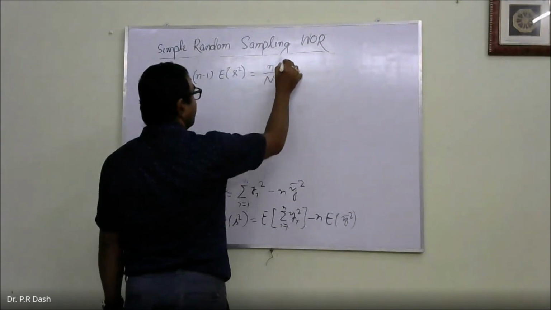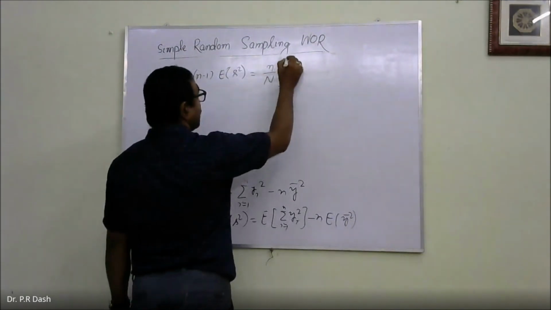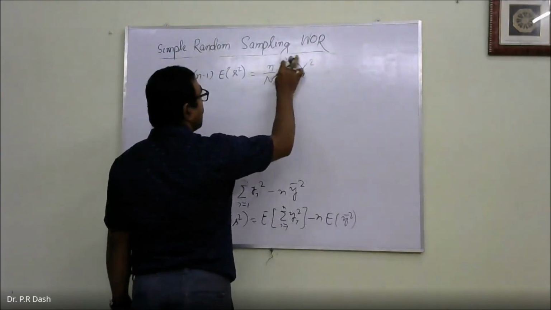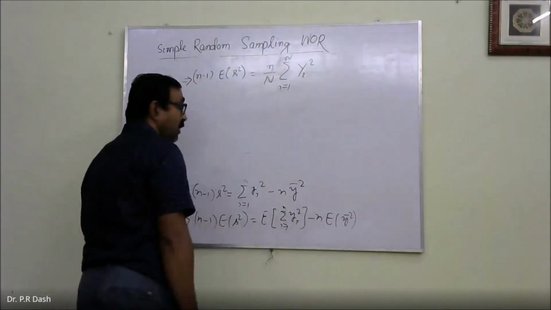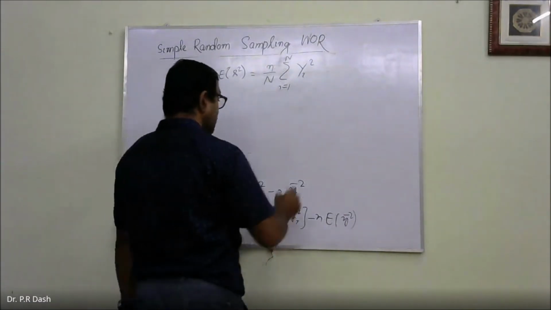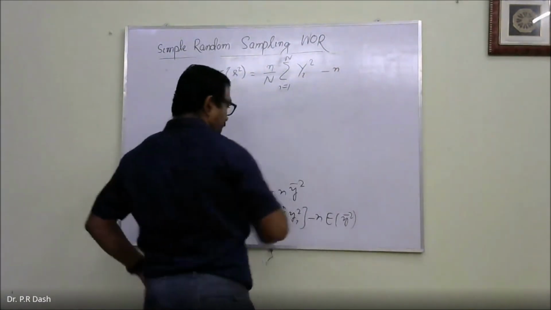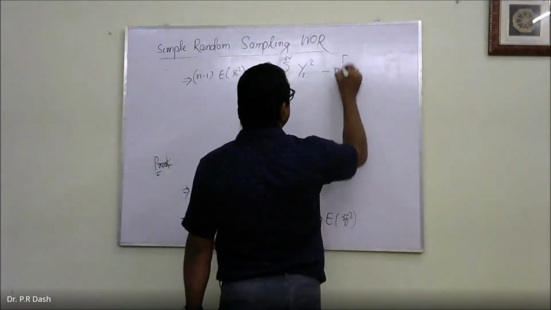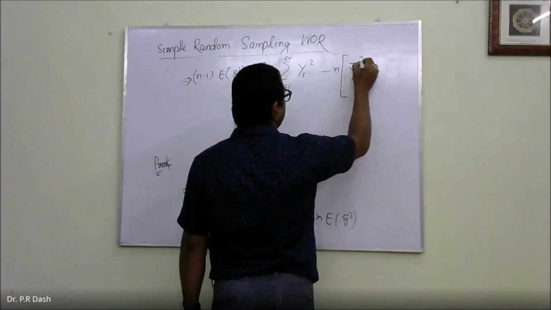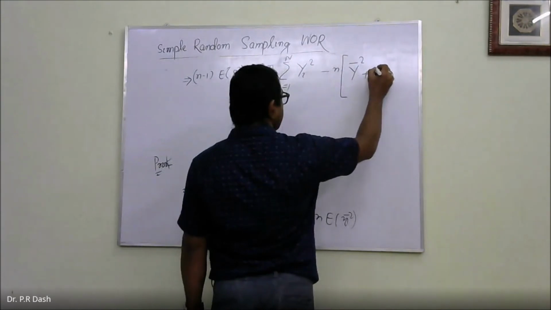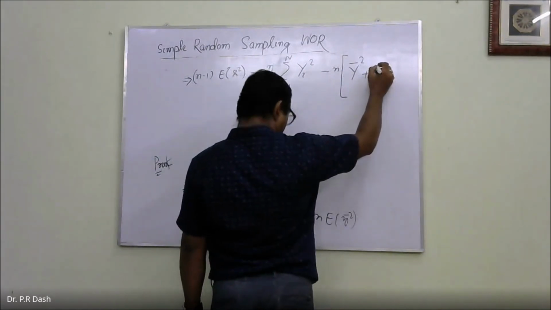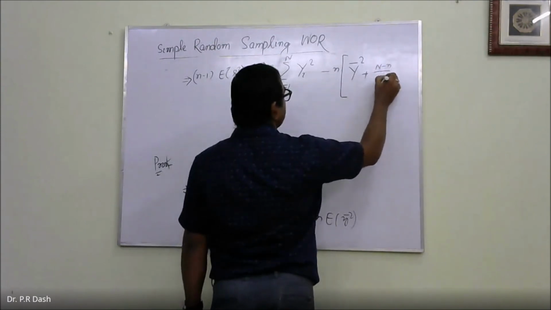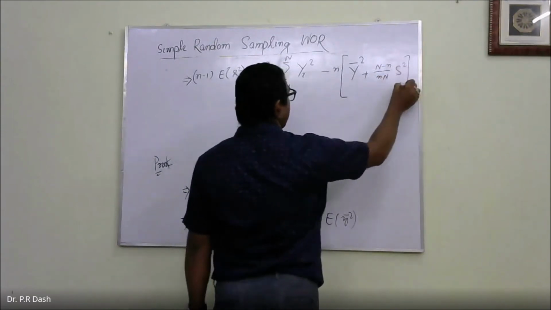This is small n by capital N, summation i equal to 1 to n yi square, minus n expectation of y bar square, equal to this is y bar square plus n minus n by n s square.